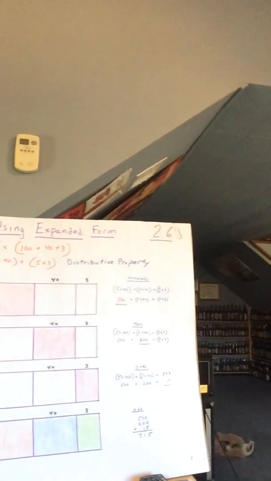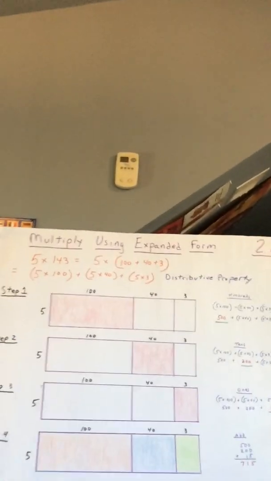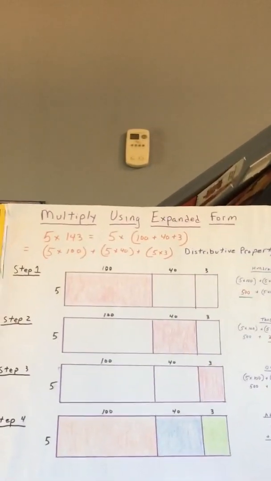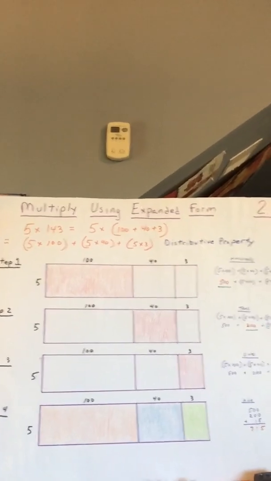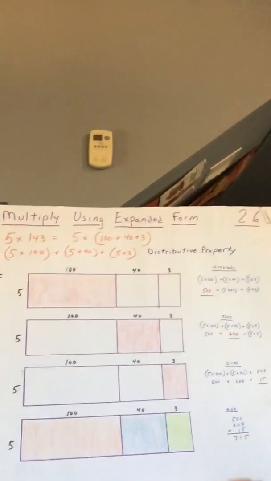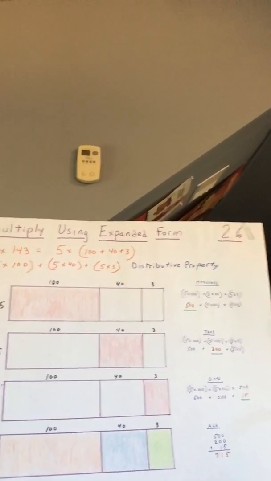First we use the expanded form, then we distribute it, and we get the final answer using steps 1, 2, and 3. Then we add it all up, and we will get your final answer of 715.